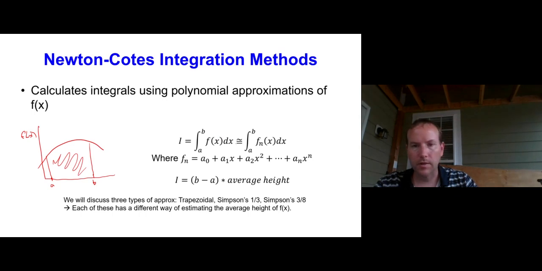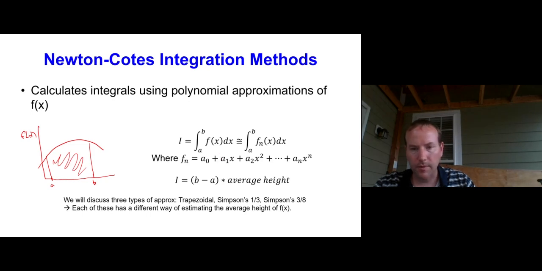And in the Newton-Cotes integration methods, what we're going to do is replace this f of x with a simpler f of n function, where f of n is a polynomial like this. And we're going to use this to our advantage because taking an integral of these polynomials is often much easier than for more complex functions.